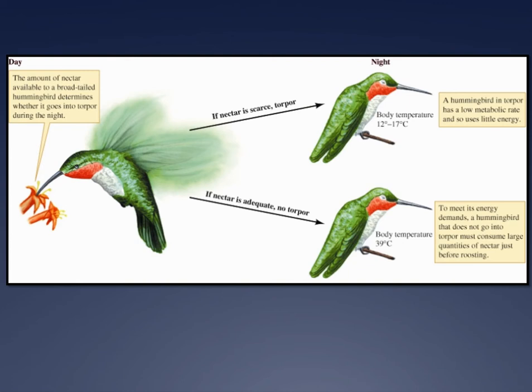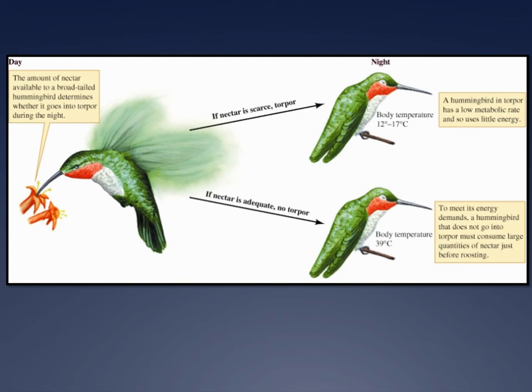But up at the top, you see the capacity for an endotherm to actually be a heterotherm, one that allows its body temperature to vary even though it's an endotherm because it produces its internal body heat.